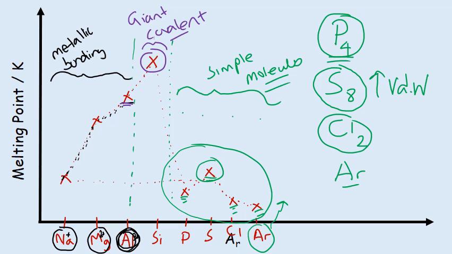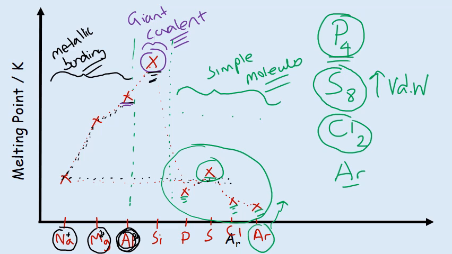Silicon, giant covalent, and the first 3, metallic. We do need to know the relative order though, okay? You don't need to know the numerical values, but you do need to know the order. So be careful. Sodium annoyingly needs to fit between phosphorus and sulfur, so be careful when you're plotting that there, okay?